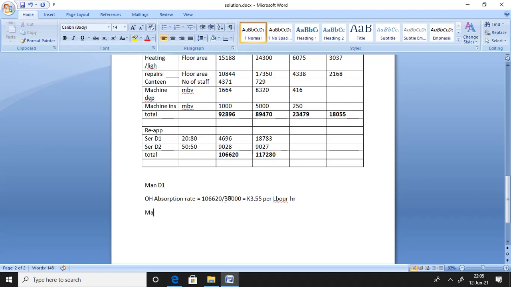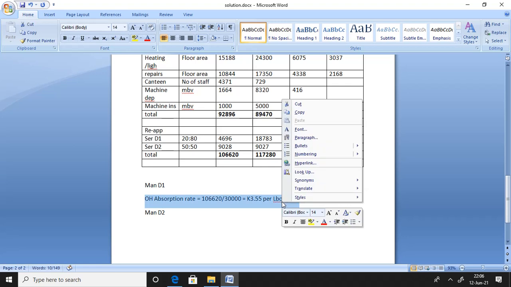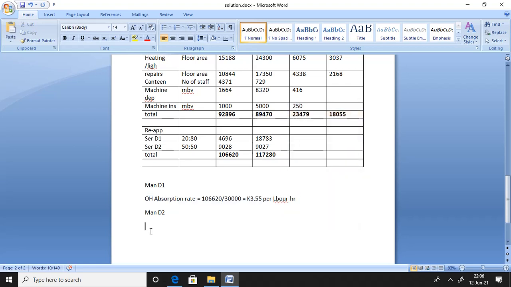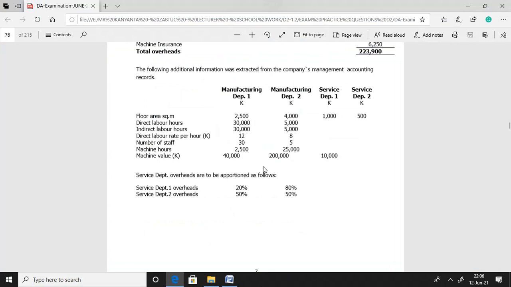Manufacturing department 2, overhead absorption rate. We have to compare the indirect labor hours spent in department 2 and the machine hours spent in department 2. You will notice that machine hours are more than the labor hours, so we use machine hours instead.